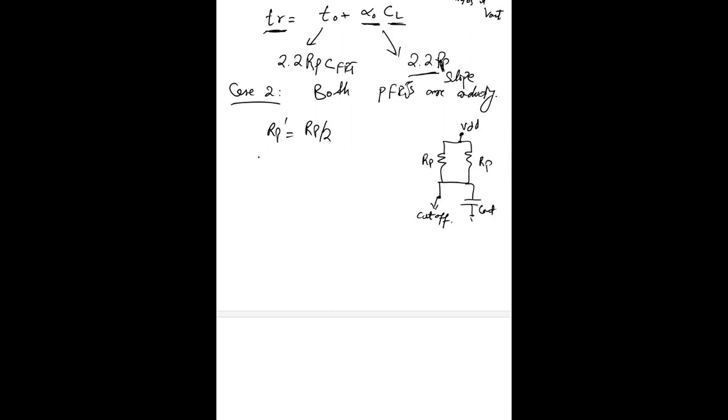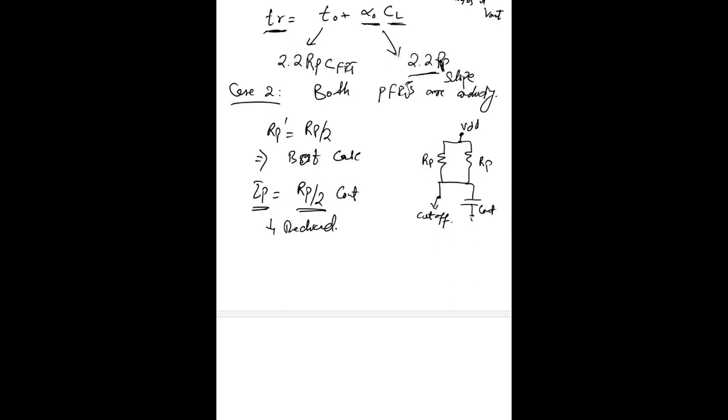This implies that this is our best case value. Why is it the best case? Because if we solve this expression, we will get tau p equal to RP by 2 Cout. So it means that this tau p is reduced.